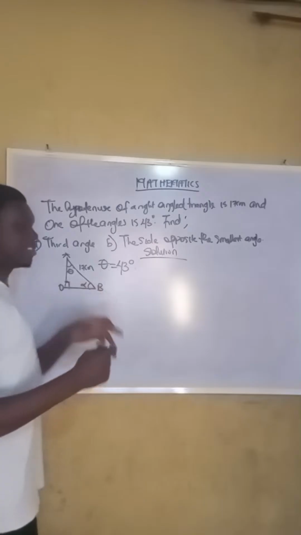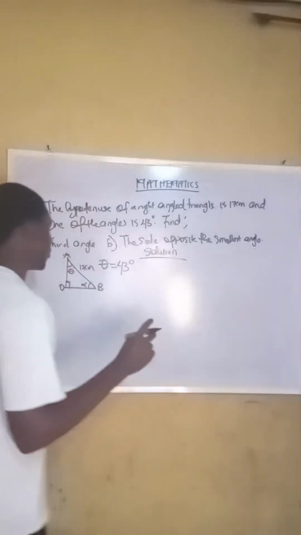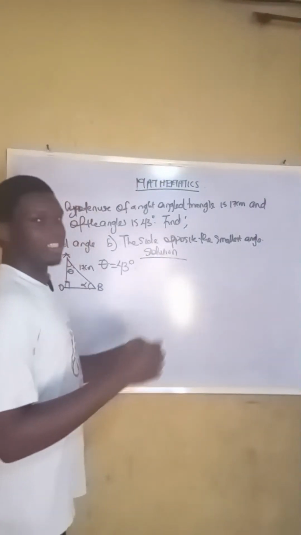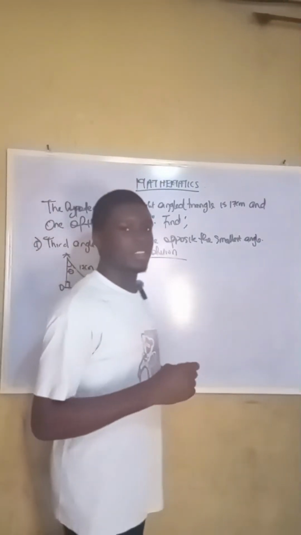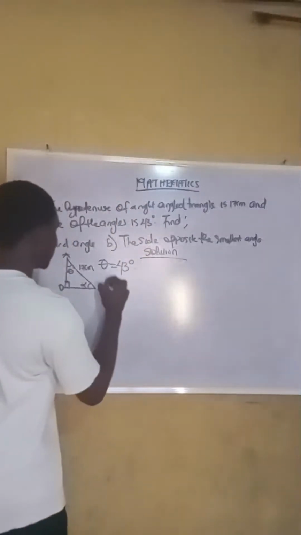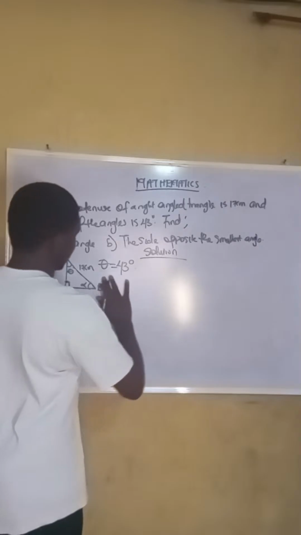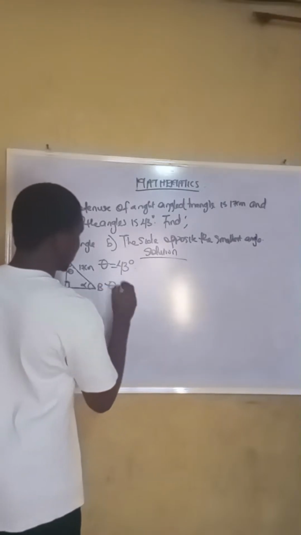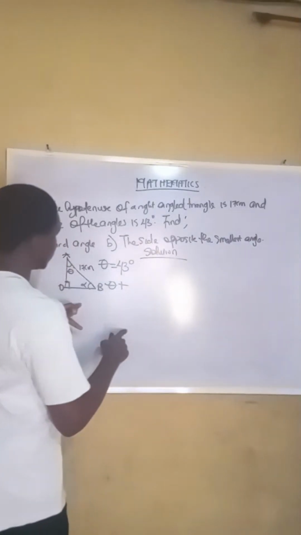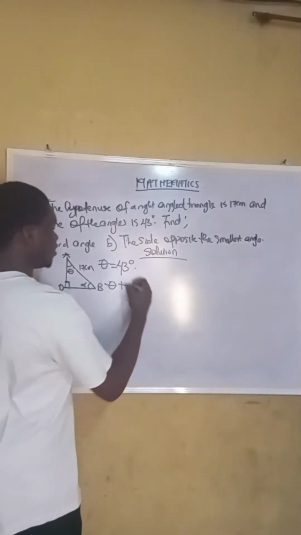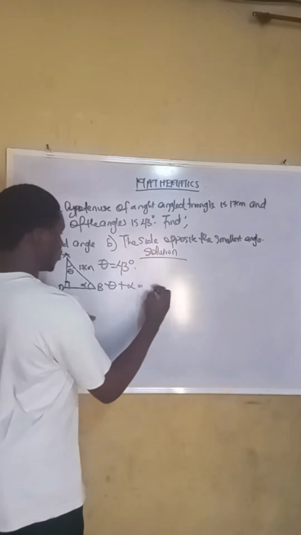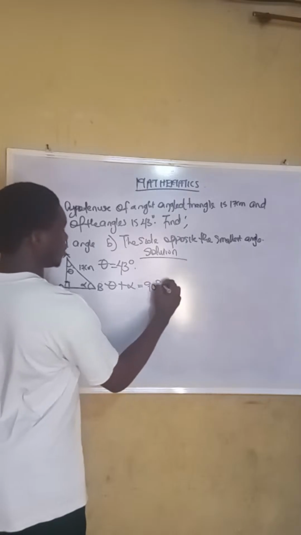To get it, remember I said earlier that the angles in a right angle triangle sum up to 90 degrees. So we have theta plus alpha is equal to 90 degrees.